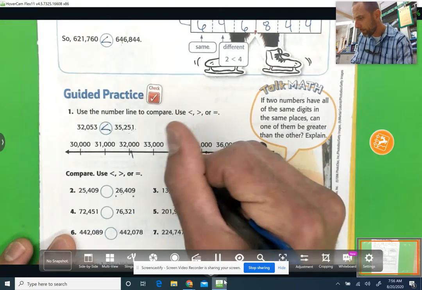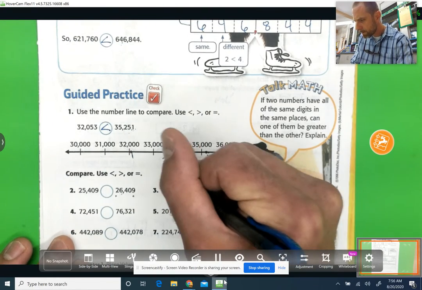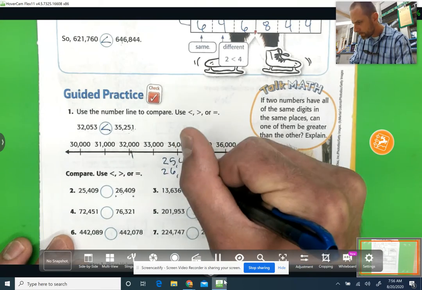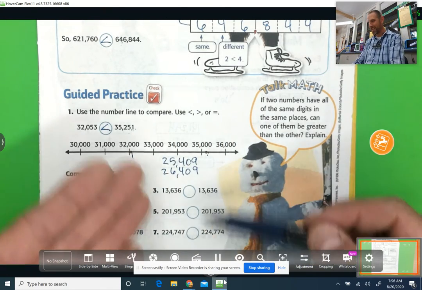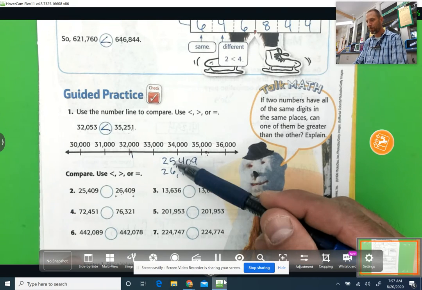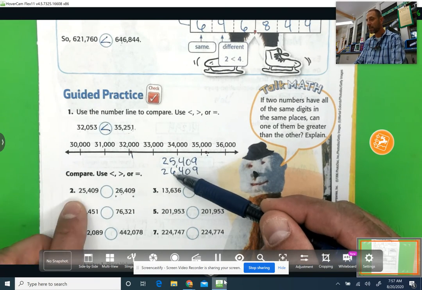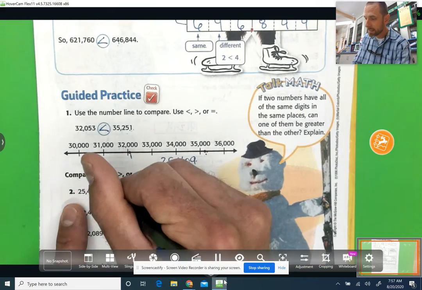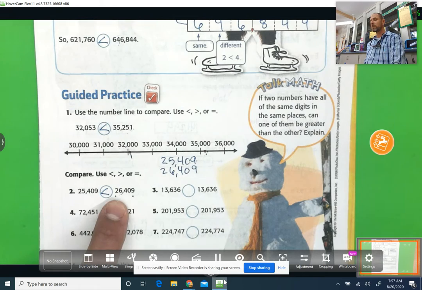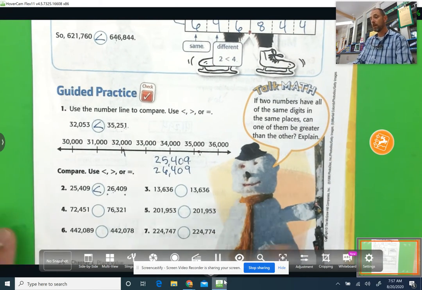Let's verify that by stacking the numbers. Okay. All the digits are the same in these two numbers except for that thousands place. That 5 is less than the 6. So 25,409 is less than 26,409.